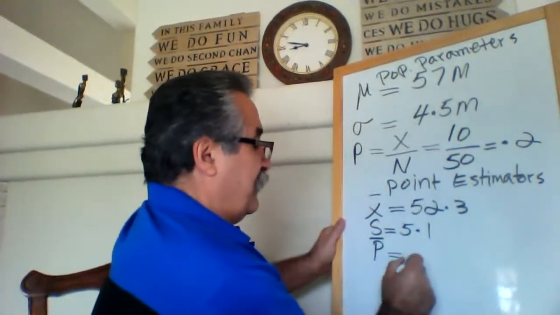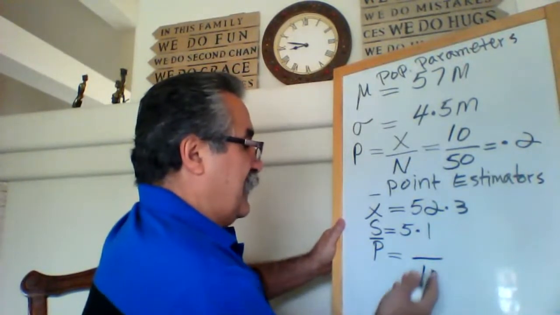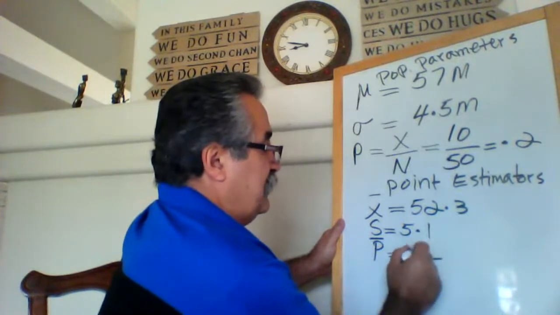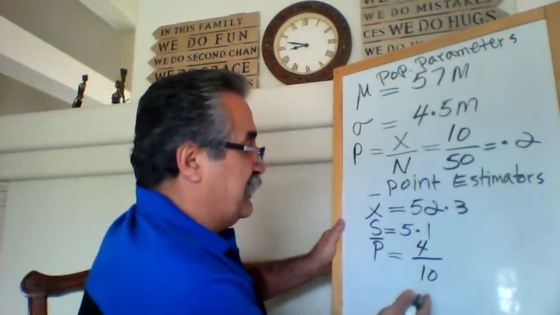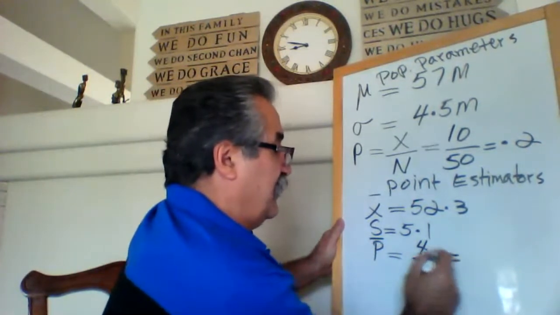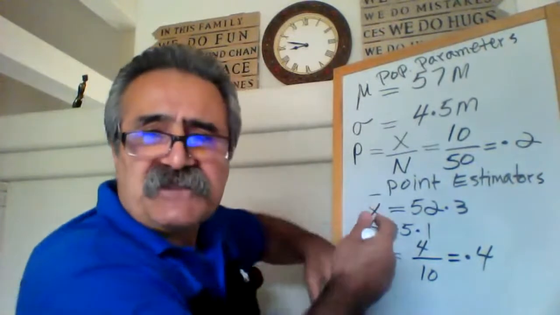Let's say that out of 10, you have 4 of them that their revenue is less than 15 million. Then this is going to be 0.4. That's basically what you have to do.